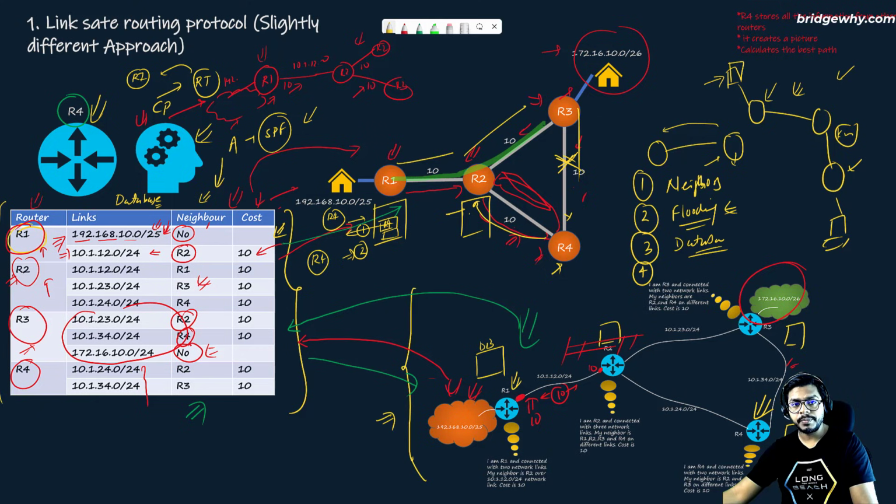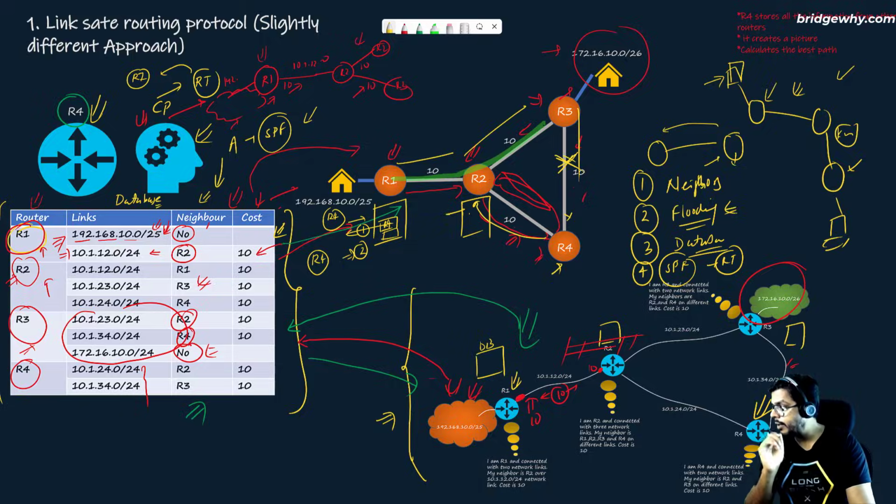Simple four-step process. When you create the SPF, then basically you are creating your routing table. Once you have the routing table, guys, this is the main goal of routing protocols, to create the routing table on every router, and that routing table should have the exact or the correct information.